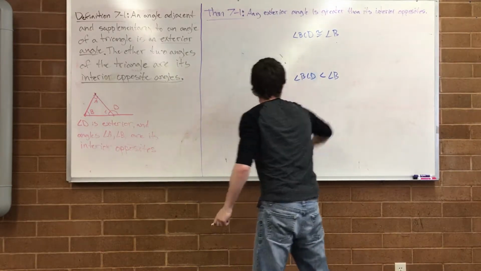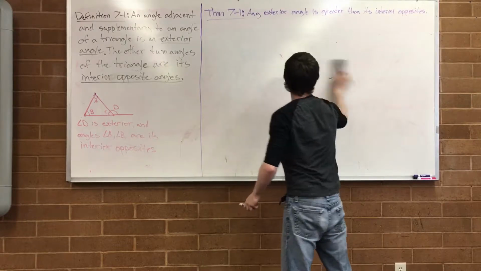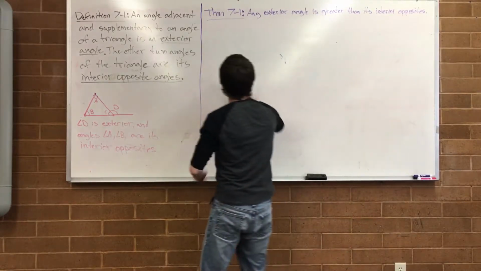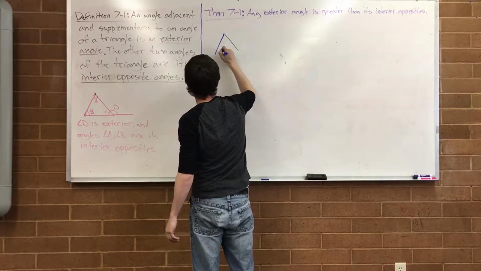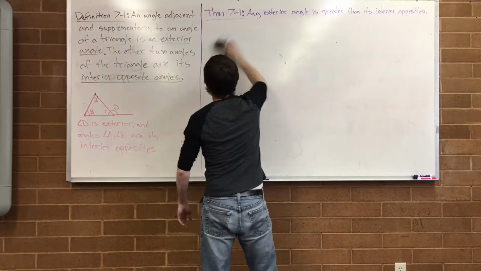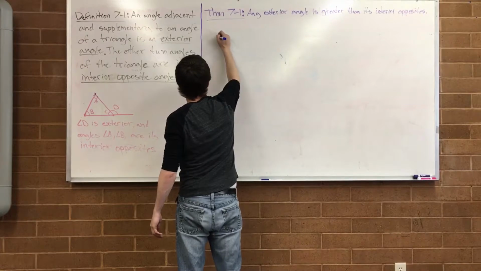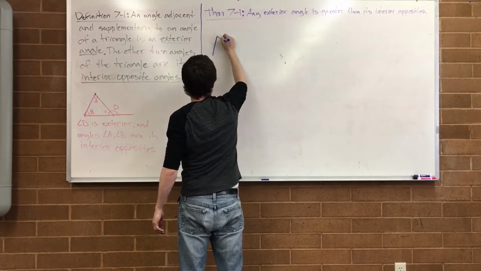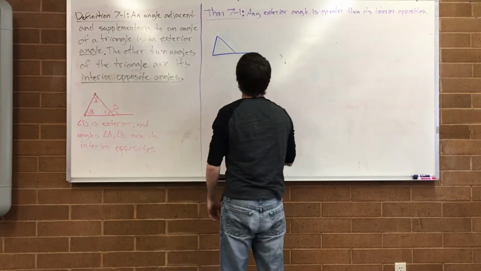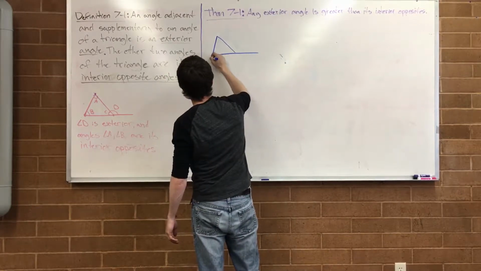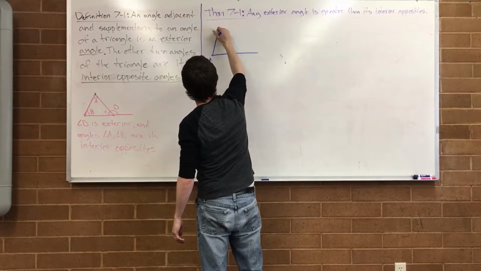Restart. So we're going to start by creating a triangle. Try and make it so the sides aren't so much the same. That didn't really do any better, did it? Oh well. I don't remember how I labeled these last time.